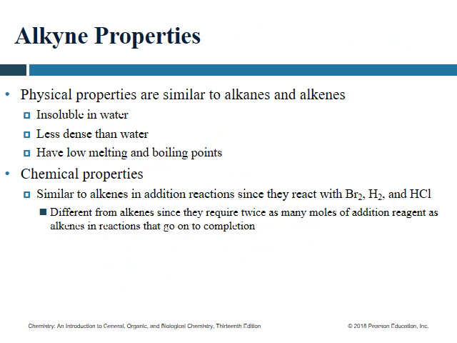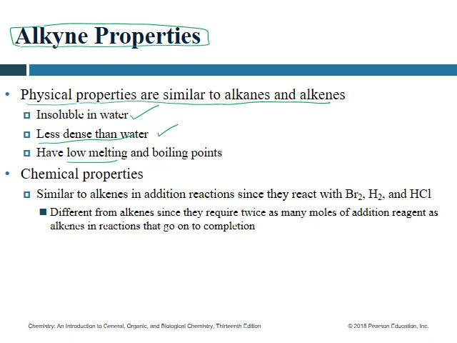Now let's talk about the properties of the alkyne. So physical properties are similar to alkane and alkene. They are insoluble in water, less dense than water, and have low melting and boiling points. And for the chemical properties, alkynes show similar properties to alkene.